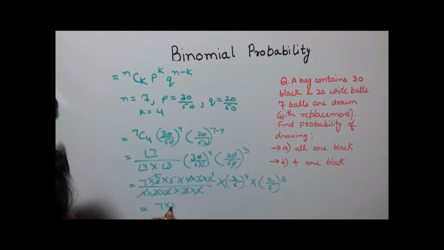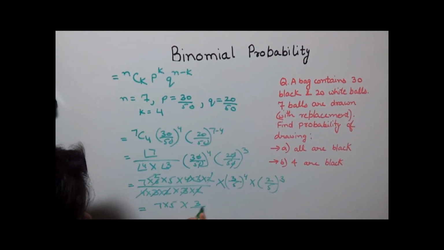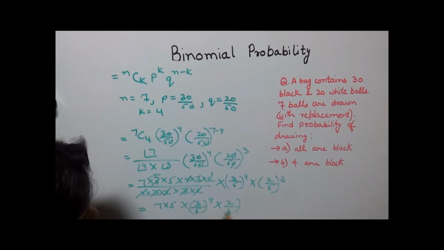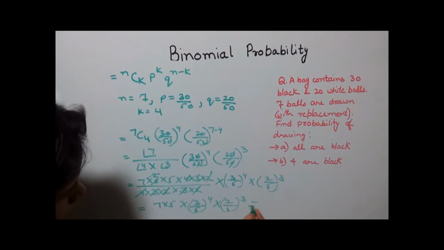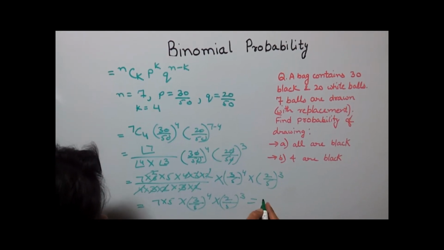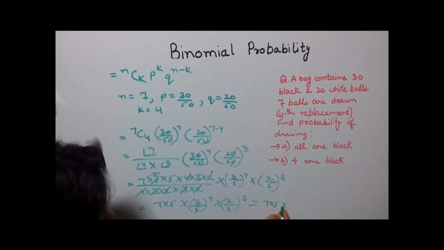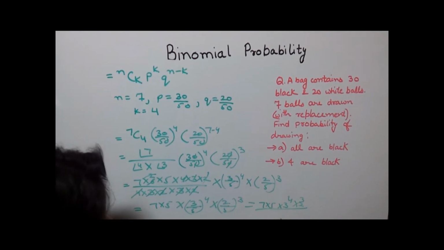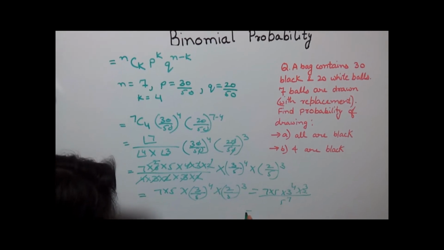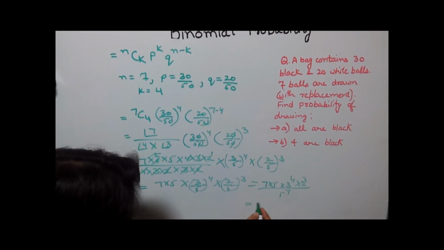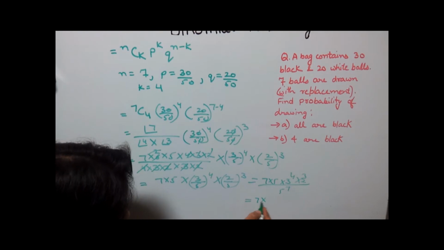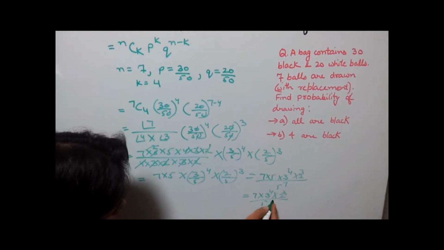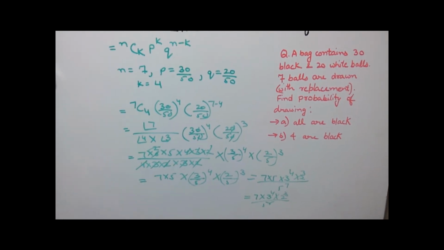This gives us 7 into 5 into 3 by 5 to the power 4 into 2 by 5 to the power 3. This gives us 7 into 5 into 3 to the power 4 into 2 to the power 3 divided by 5 to the power 7, and cancelling one 5 gives us 7 into 3 to the power 4 into 2 to the power 3 upon 5 to the power 6 as the answer.